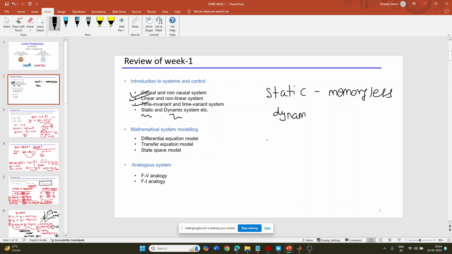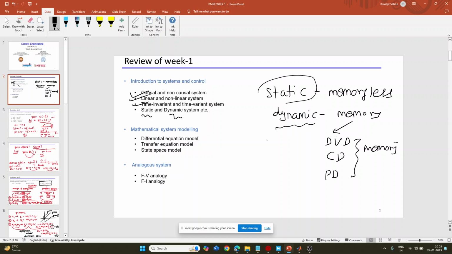Dynamic means there is some memory. I'm just giving an example. Let's say you are using DVD players, CDs, a pen drive. All these systems have some memory because you are storing some files or videos there. If that type of system comes up, then these are dynamic systems because they have memory.